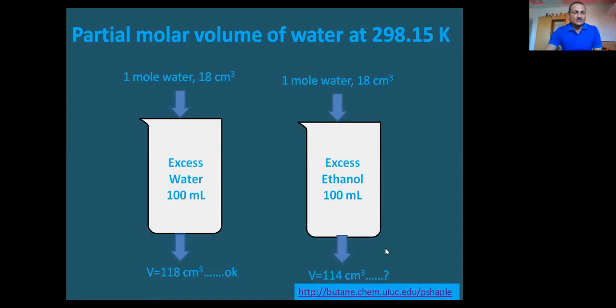Both the molecules are polar and therefore they have a dipole moment, so they can interact through dipole-dipole interactions. Whereas hydrogen bonding between a water molecule and an ethanol molecule can also take place. And these interactions are reflected in their physical properties, for example the partial molar volume that we have seen here.